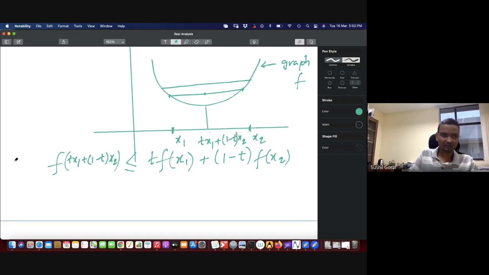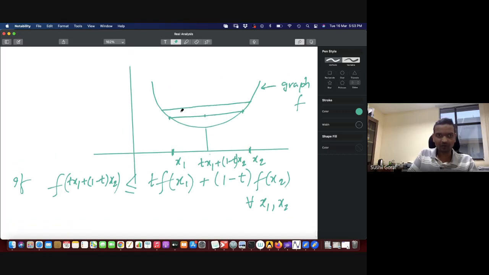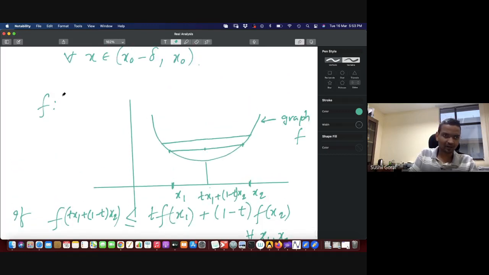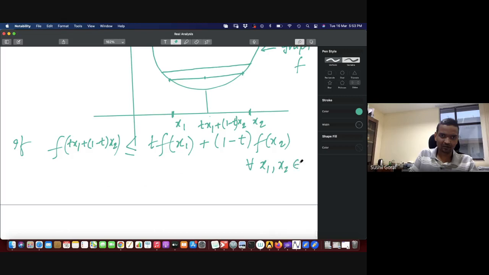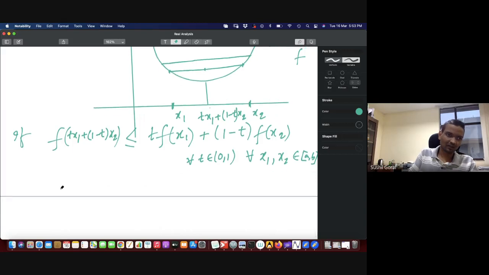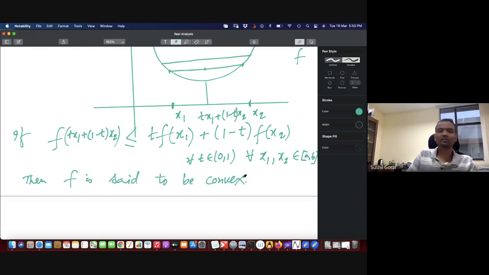So if this holds for all x1, x2 in the domain where f is defined, let's take f defined from a,b to R, for all x1, x2 in a,b, and for all t belongs to 0,1, then f is said to be convex. So this is the definition of a convex function.